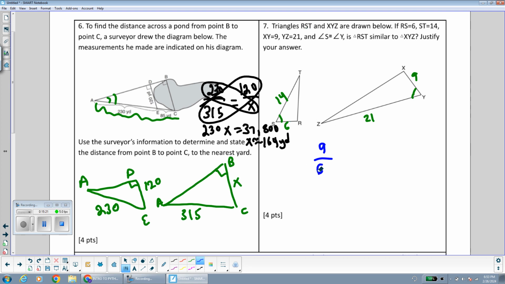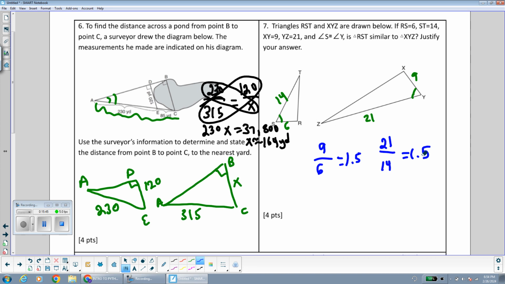And YZ, which is 21, corresponds to ST, which is 14. If you take your calculator and divide both of these, 9 divided by 6 is 1.5. 21 divided by 14 is also 1.5.